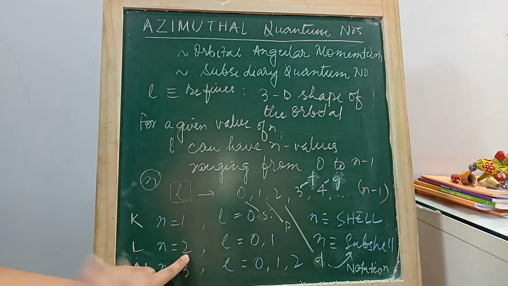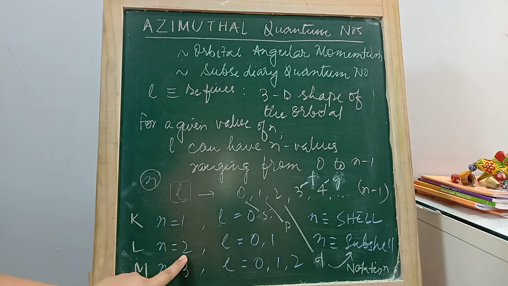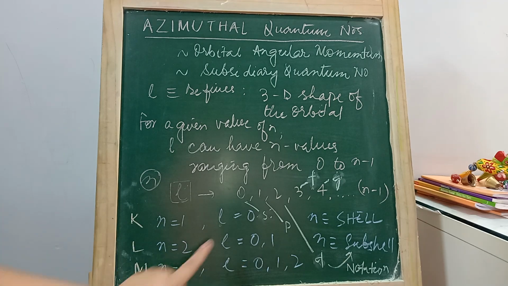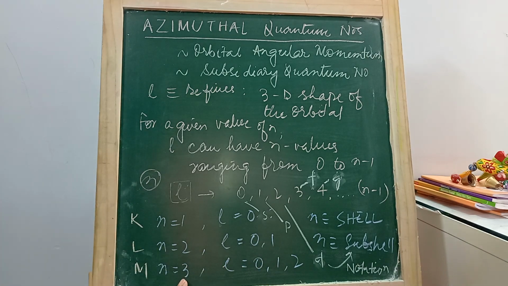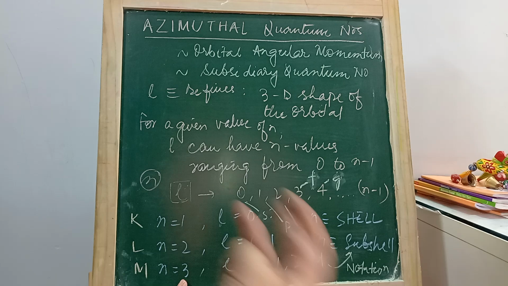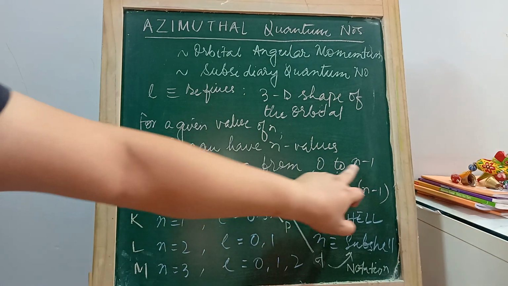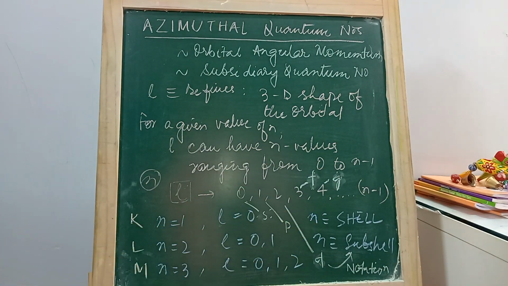For n equal to 2, there are 2 values of l possible, and what are they? 0 and 1. How do you know this? It will be up to n minus 1. 2 minus 1 is 1, so up to 1. And if n equal to 3, how many values of l are possible? 3 values are possible. And what are they? It will be 0 up to n minus 1. n is 3, 3 minus 1 is 2. Up to 2, so 0, 1, 2.